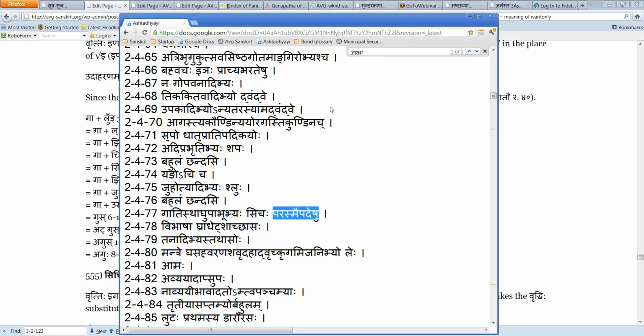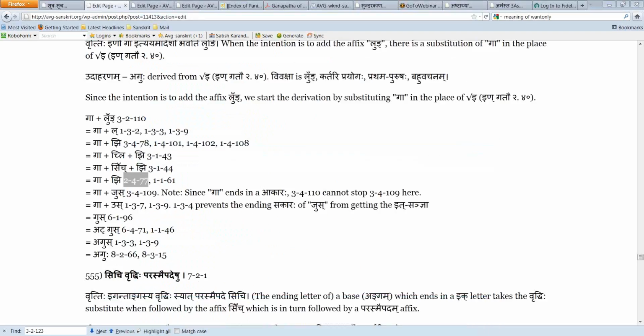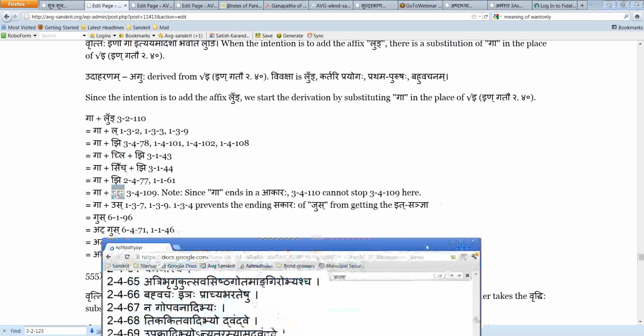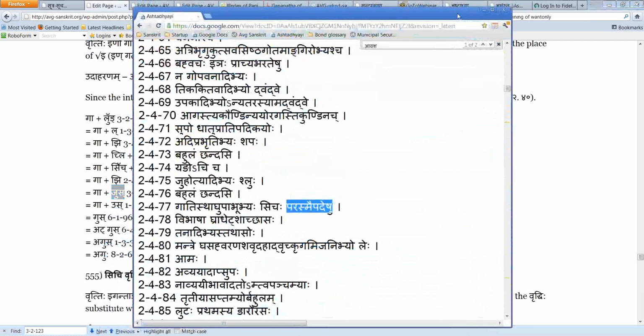This ind is a parasmaipadi dhatu, so there's no question. It is a parasmaipada, and then pratyayasya luk shlu lupaha: the entire pratyaya takes the luk elision. And now this is where the steps were slightly not correctly put last time, so we corrected this. Unless this sich comes, we cannot do the jus, because the jus is being done by 3.4.109, sij abhyasta vidibhyascha.